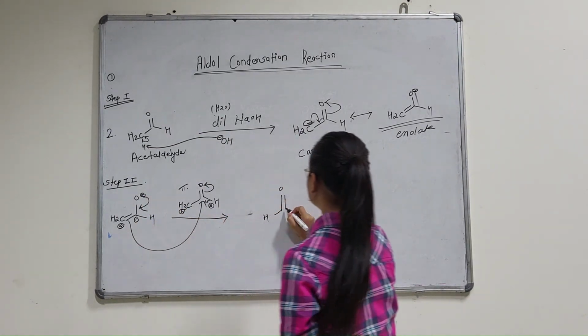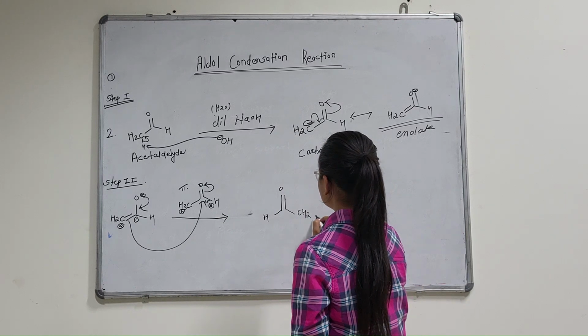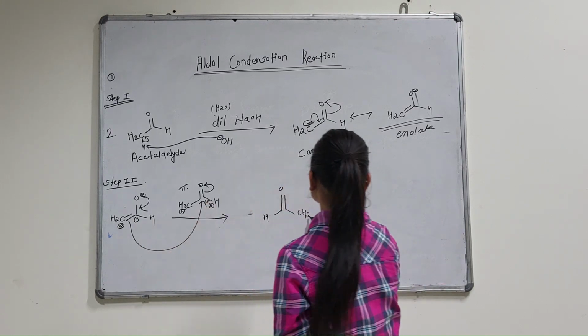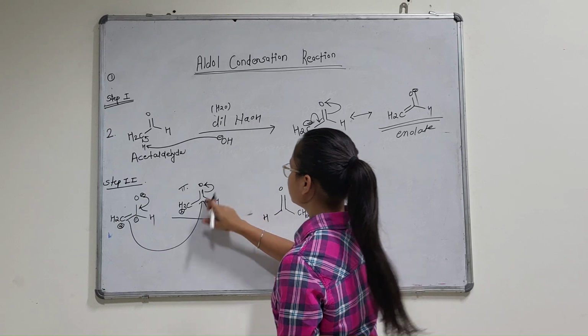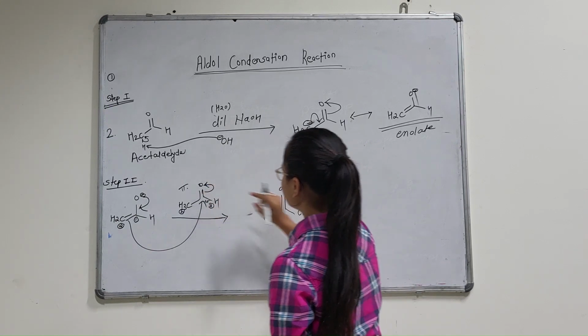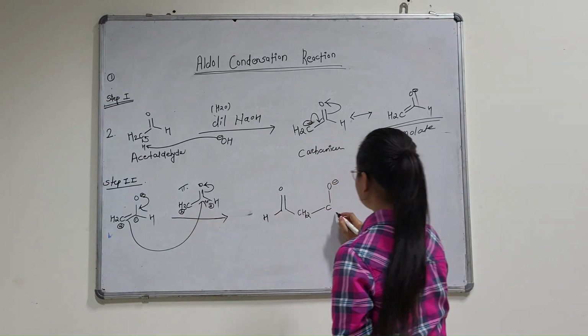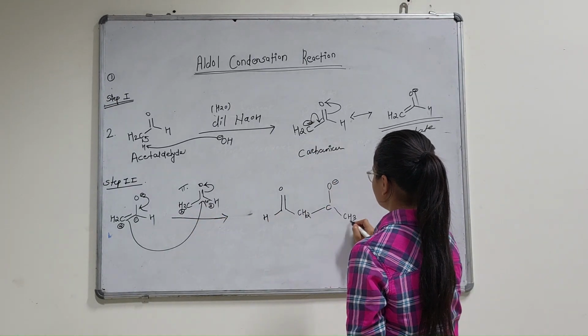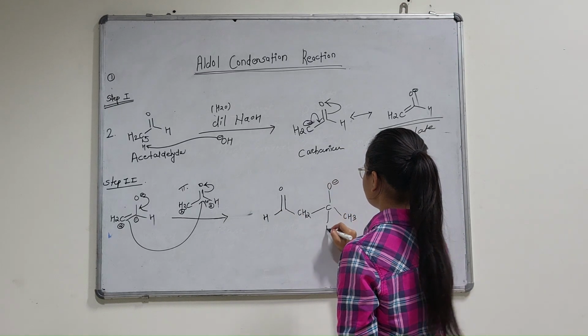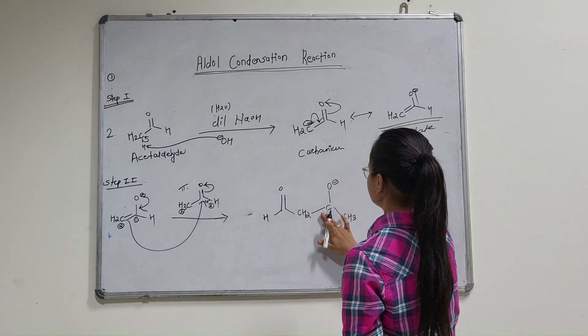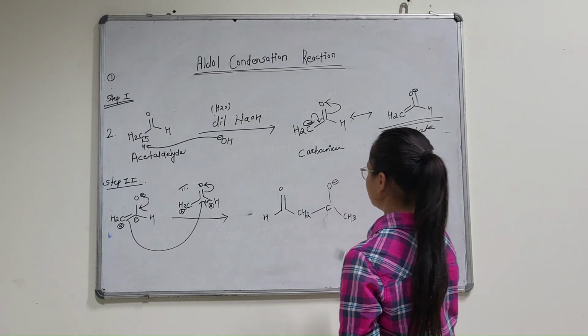Carbon 1 is connected with 2, CH2. Carbon 2 is connected with 3. The third carbon has O minus, as the bond is shifted, and the third is connected with the 4th. This is hydrogen. You can write it like that, but there is no need to write it.